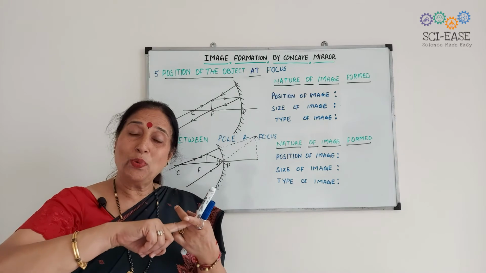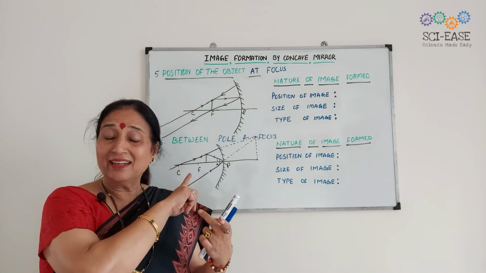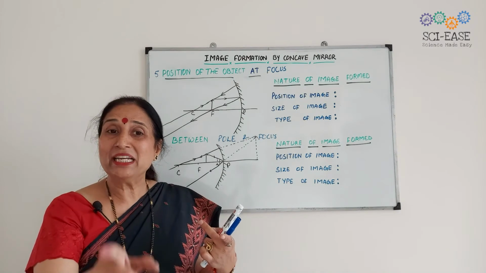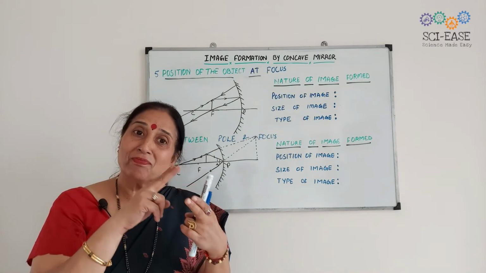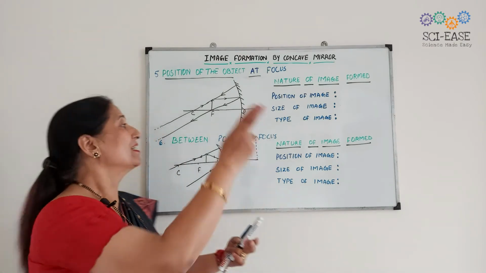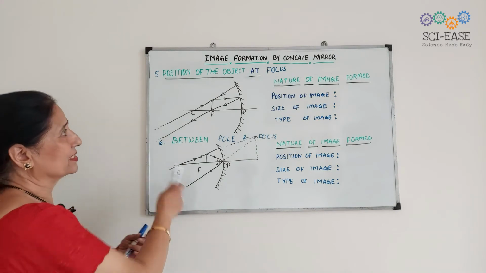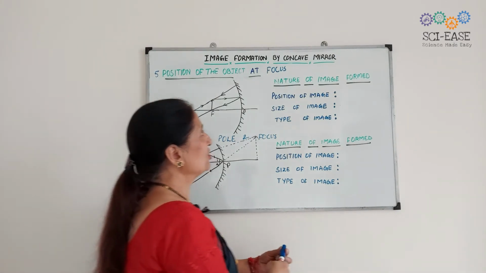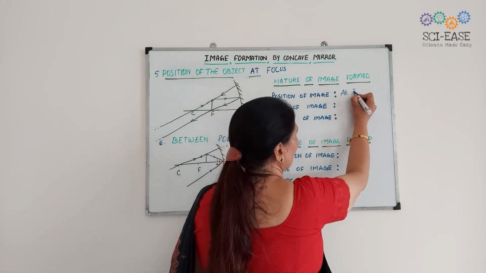When the object was at infinity, the image was formed at focus. Here, the object is at focus, the image will be formed at infinity. So the position of the image is at infinity.